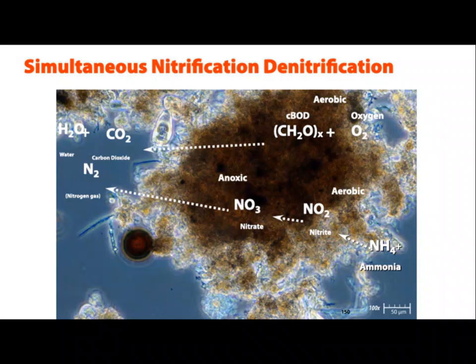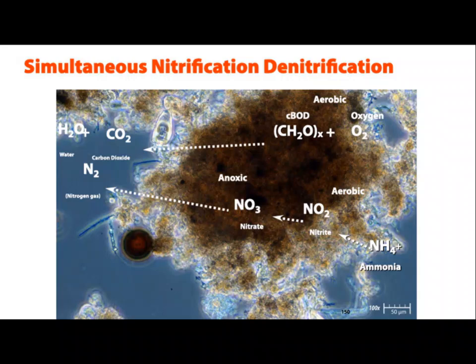What I'm trying to illustrate in this graphic is the fact that now you're growing these large granules, right? And these granules have the same gradient of oxygen availability from the outside, where you measure it with your DO probe, through the flock as those molecules try to make their way through.